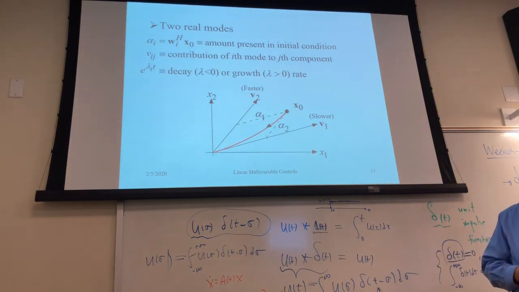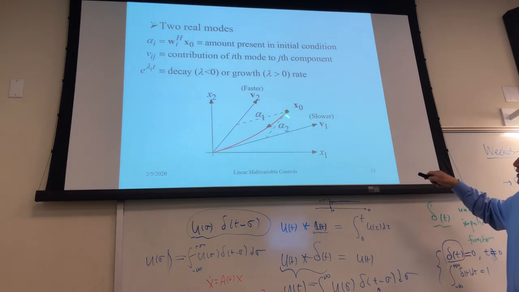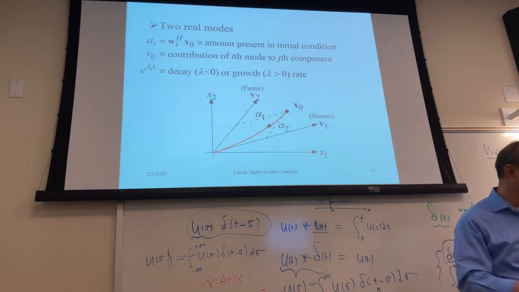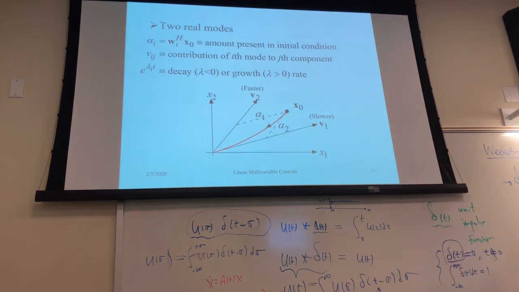But how this red line goes depends on the modes and the weights on top of the modes. Depending on where you start, you could start from here and go this way, start from there and go that way. Depending on where you are initially, you just decay like that.